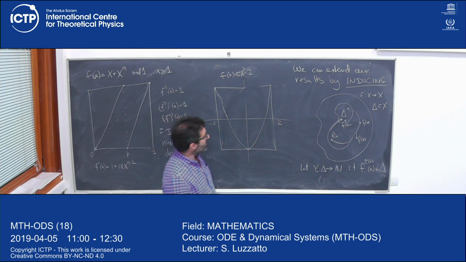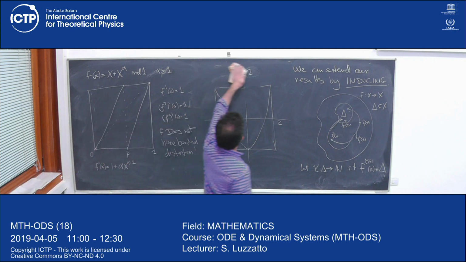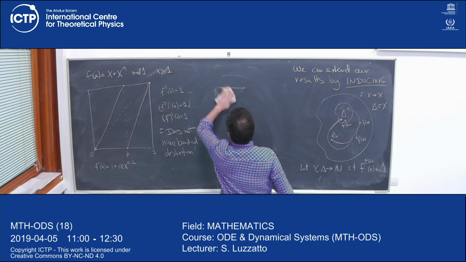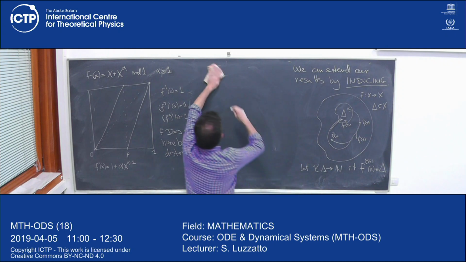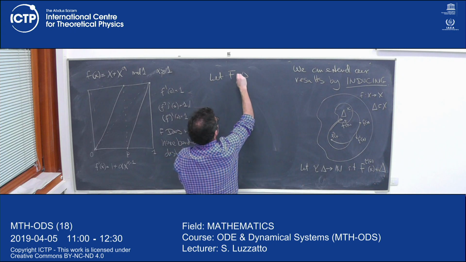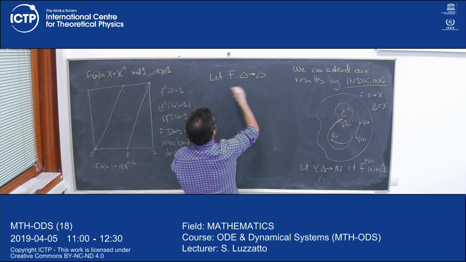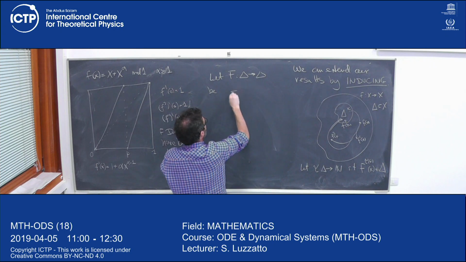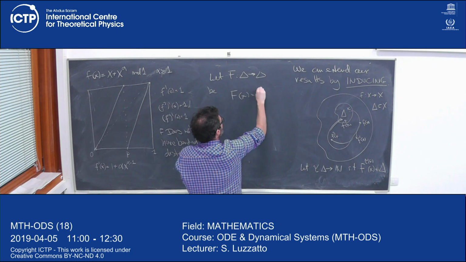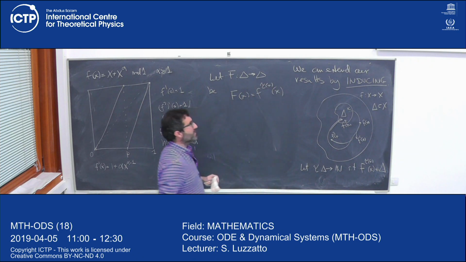Then we can define what's called the induced map. Then we can let F from Delta to Delta be F(x) equals f^tau(x)(x).